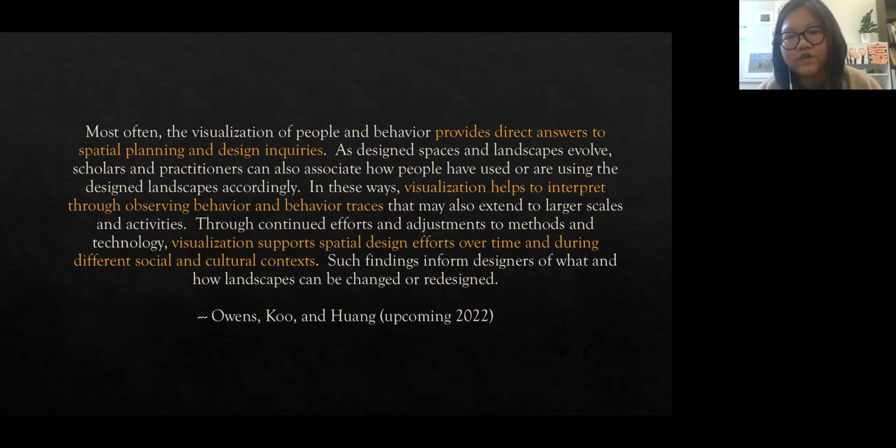In these ways, visualization helps to interpret through observing behavior and behavior traces that may also extend to larger scales and activities. Through continued efforts and adjustment to methods and technology, visualization supports spatial design efforts over time and during different social and cultural contexts. This helps us learn how the landscape should be changed or redesigned.